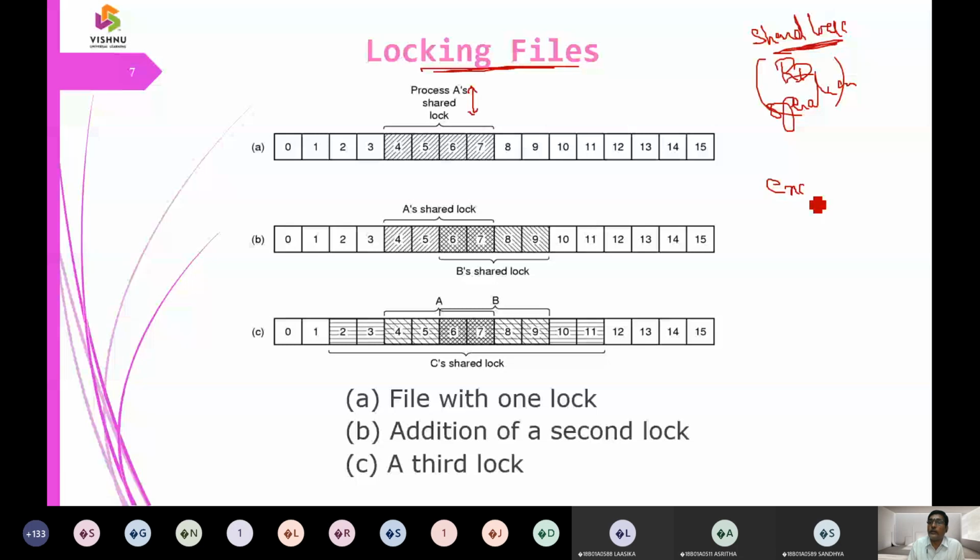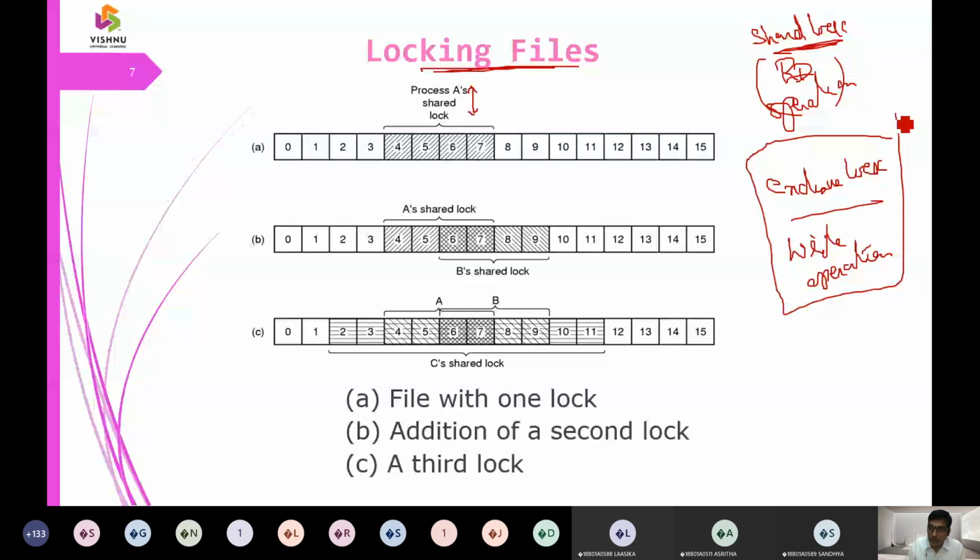If we call it an exclusive lock, then we are going to make a write operation. When we call it shared, then we say it is a read-only operation.